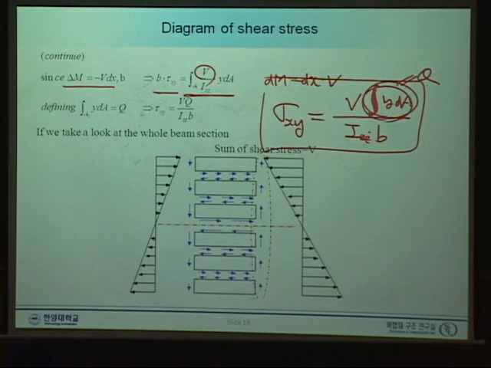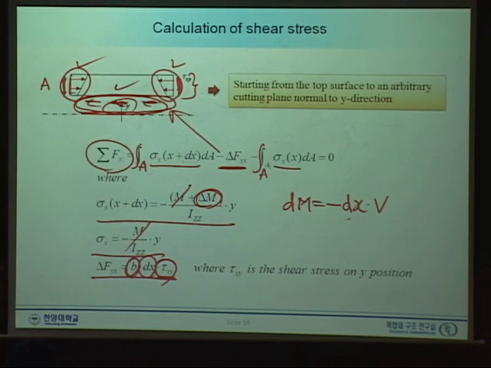Y dA means that, let's say we want to calculate the shear stress at that point, then this is the Y. The integration over A prime means that the reason is that simply we integrate this part, right?